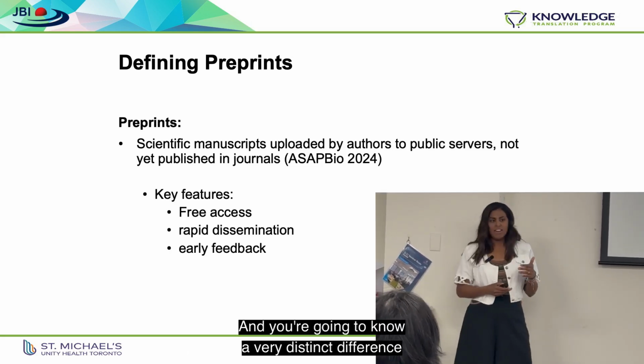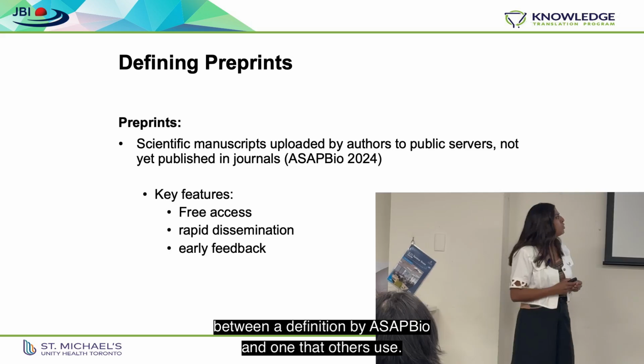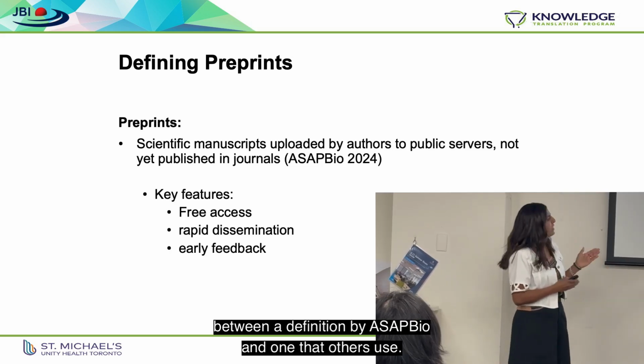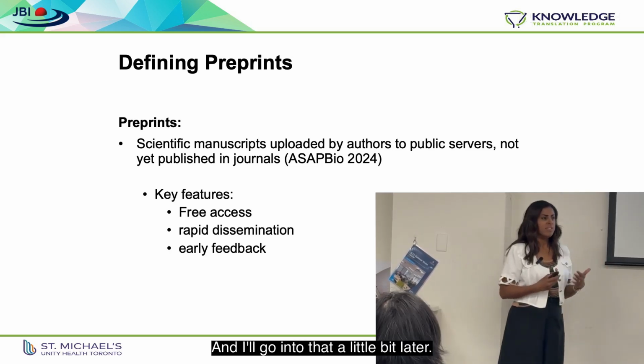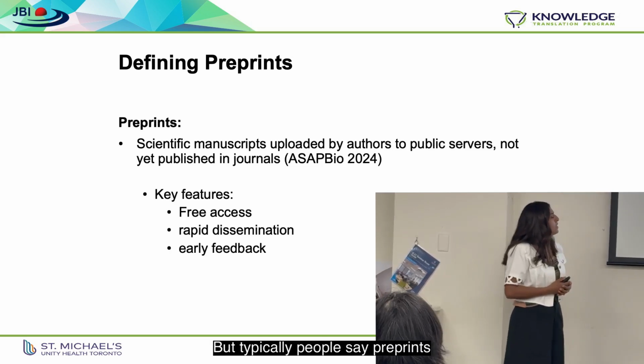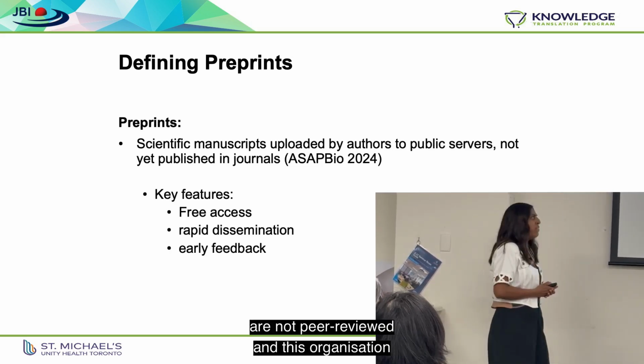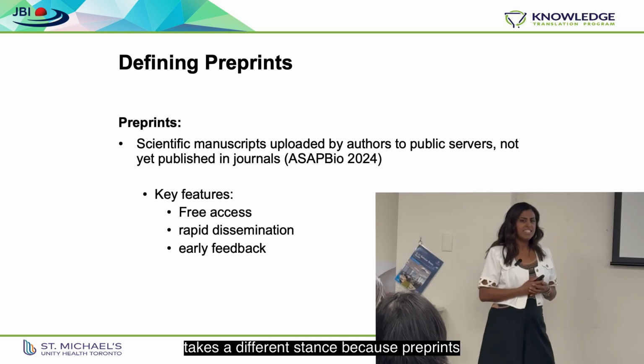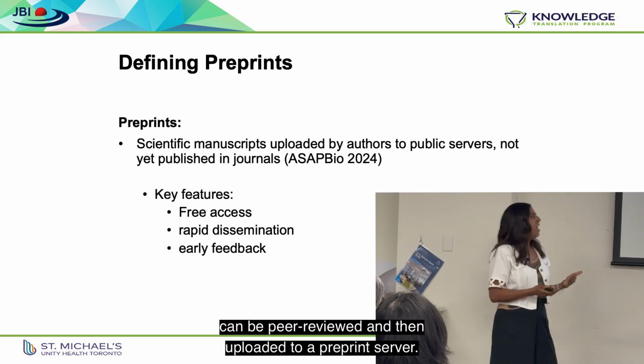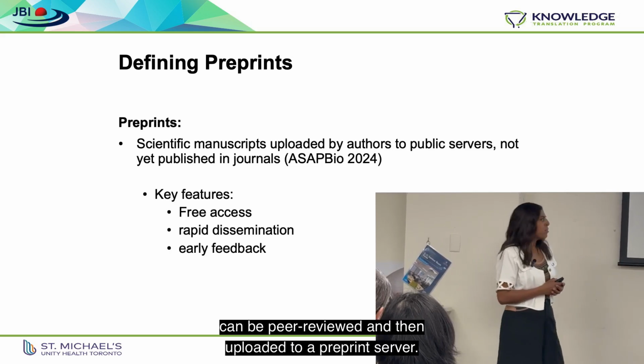And you're going to know a very distinct difference between a definition by ASAP Bio and one that others use, and I'll go into that a little bit later, but it's typically people say preprints are not peer-reviewed, and this organization takes a different stance because preprints can be peer-reviewed and then uploaded to a preprint server.